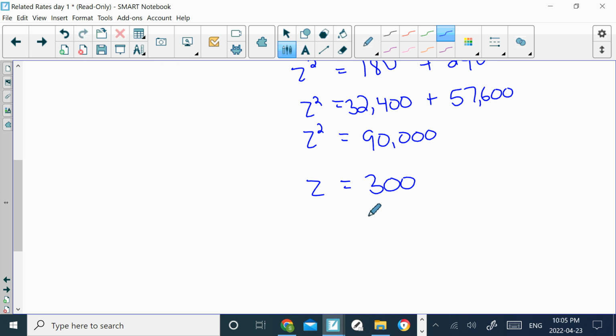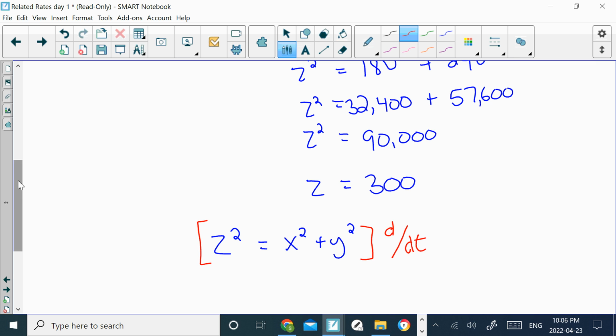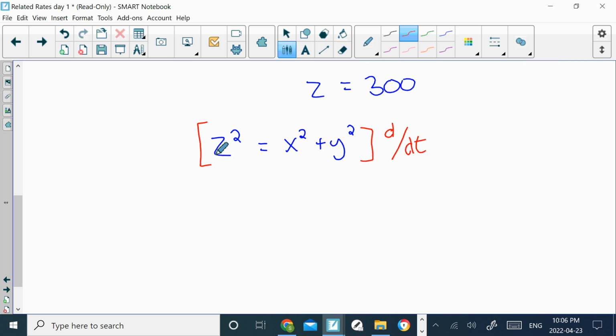So now that we have z, we can calculate dz/dt. And again, how we're going to do that is we're going to implicitly differentiate both sides with respect to time. So the derivative of z squared is 2z dz/dt. The derivative of x squared is 2x dx/dt.